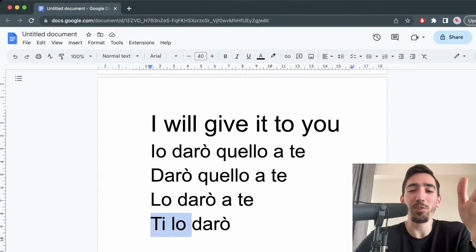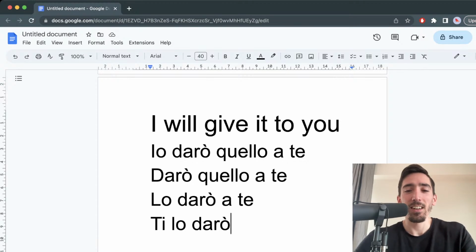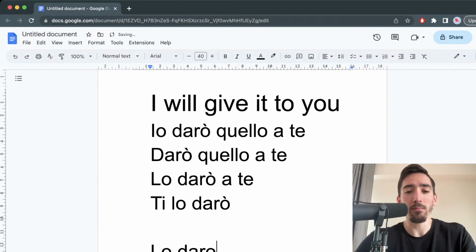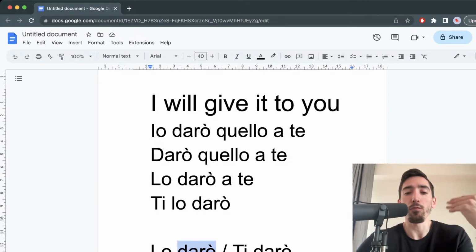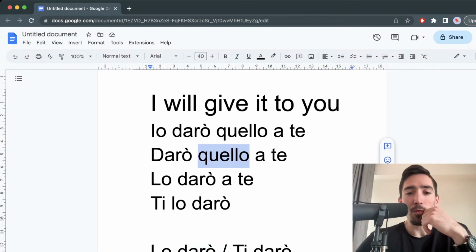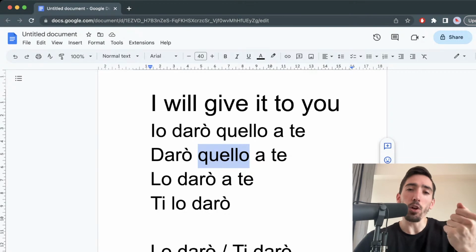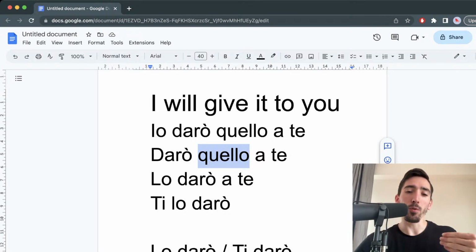So this is not correct. I'll tell you what's correct. Lo darò is correct, and ti darò is correct. So they're both correct. This and this is just the predicate, right? It's the verb, darò. Quello, which is the object, the direct object constituent. So I will give what?